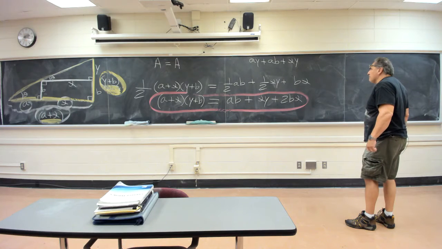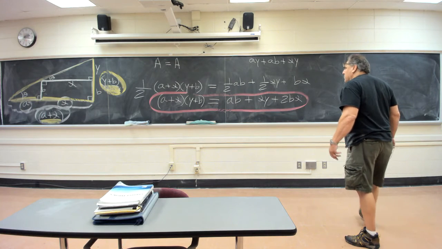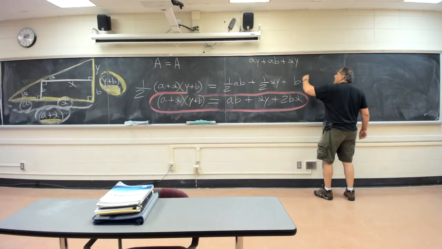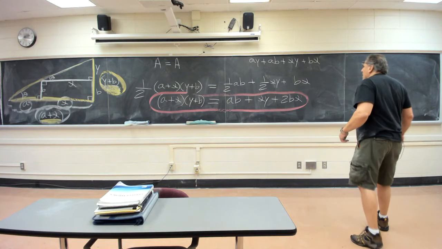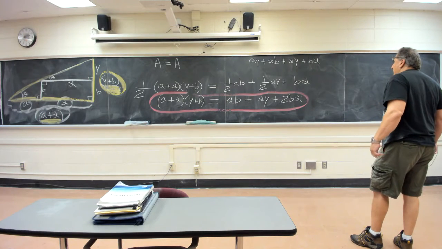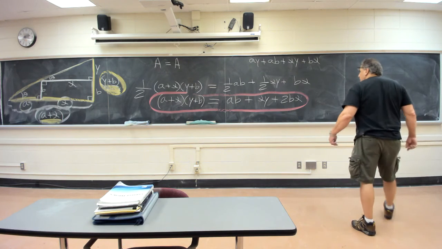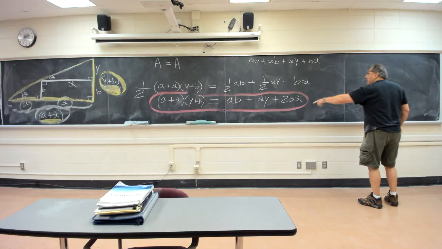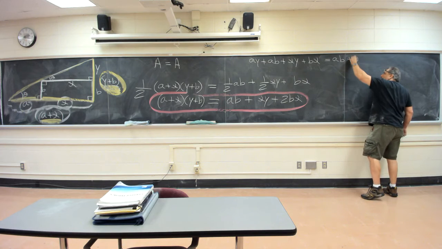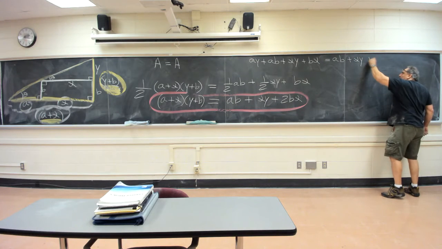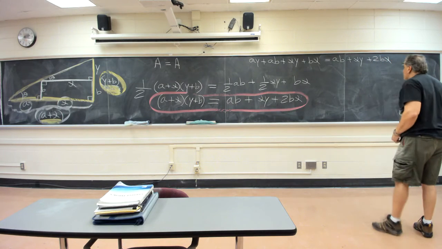Let's see what we got here, guys. XY, XB, or BX. Set equal to this, which is AB plus XY plus 2BX.